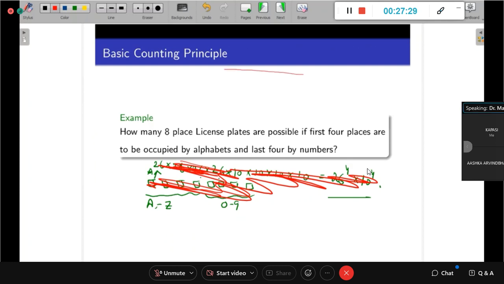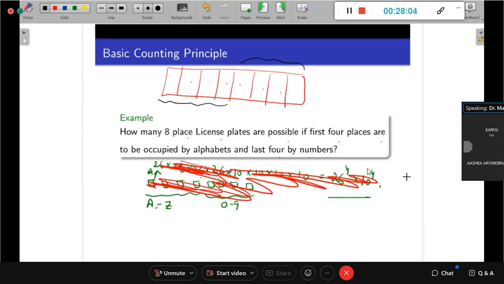If you have the license plate, you have 8 places, 1, 2, 3, 4, 5, 6, 7, 8. So you have first 4 places by alphabets and last 4 places by numbers.